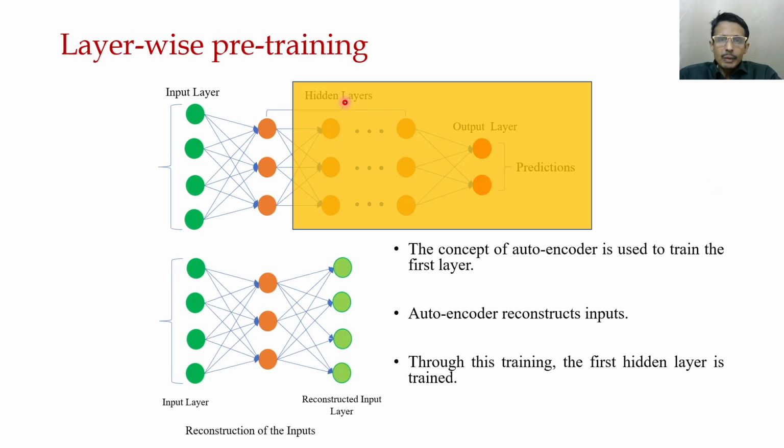Now, what is our goal? We have a big network because the number of hidden layers is very high. So the vanishing gradient problem, which I have discussed before, becomes a very important bottleneck.